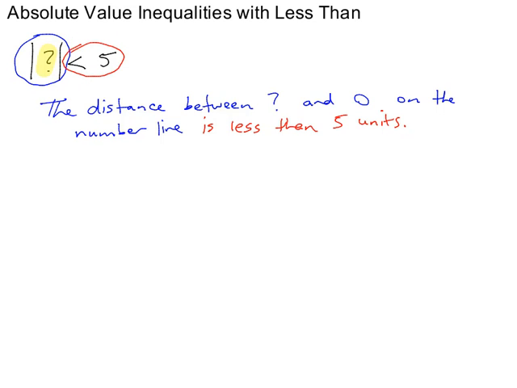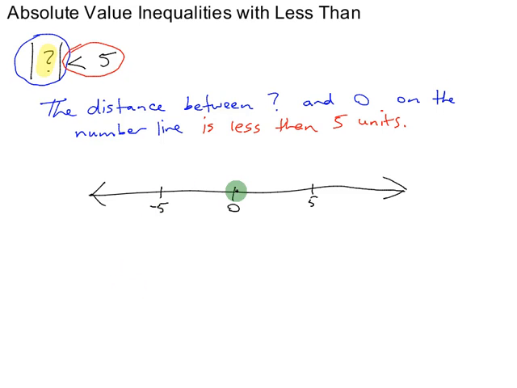So if we were to draw a picture on the number line of question mark, it would look something like this. So here's our number line. Here's 0. Question mark could be any number within 5 units of 0. So I could go 5 units to the right, or I could go 5 units to the left, correct? Those are the two ways I could go from 0 and be 5 units away.